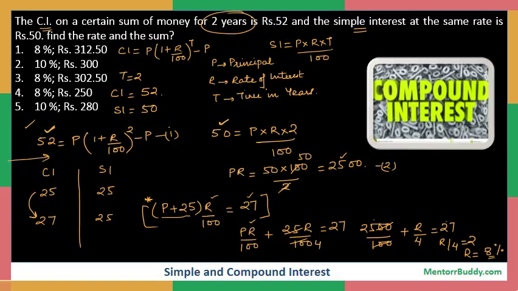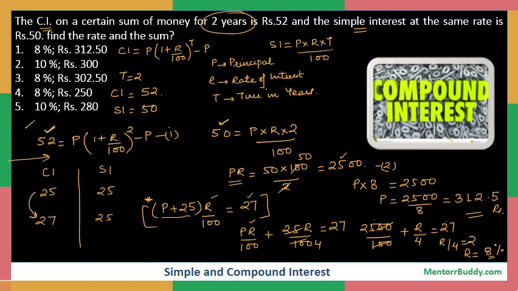Now when I put the value of R in the second equation, that is P multiplied by 8 is equal to 2500, we can easily get P is equal to 2500 divided by 8, and this gives me 312.5 rupees.